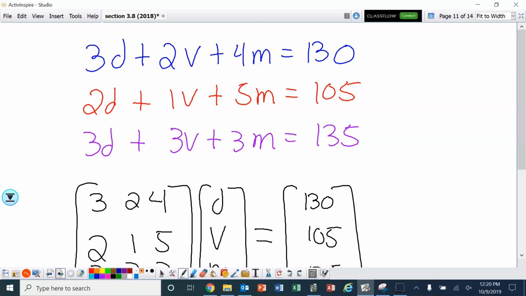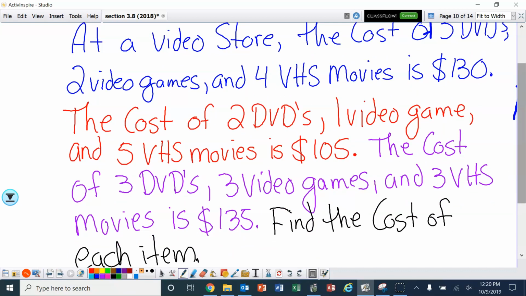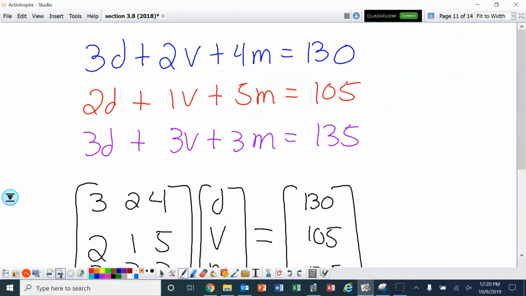And then the purple, three DVDs, 3 video games, 3 VHS movies is 135. So we got 3D plus 3V plus 3M equals 135.